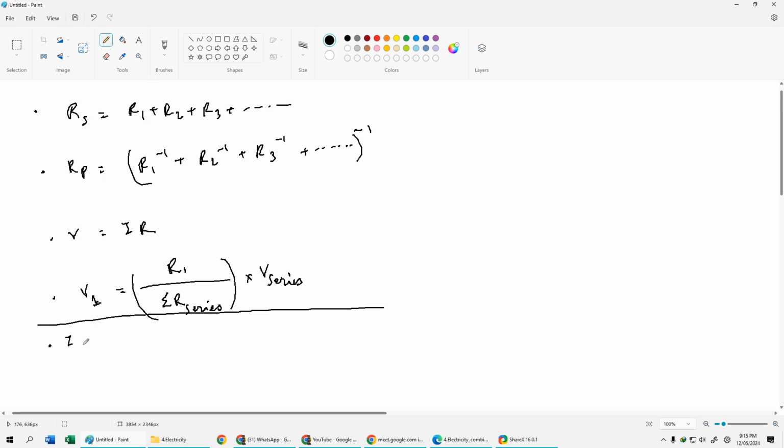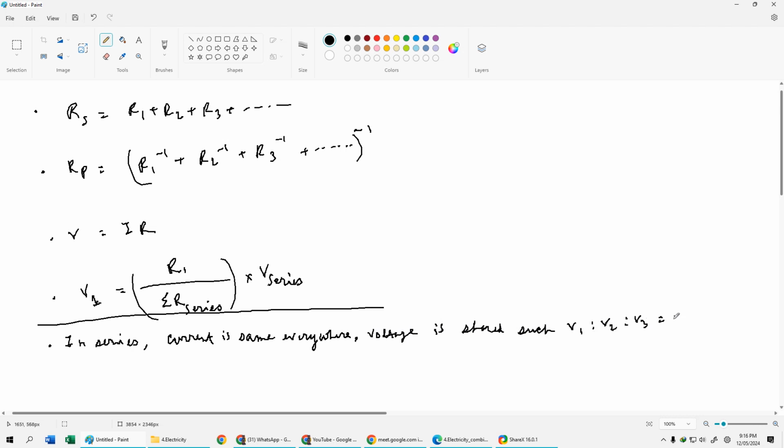That is, in series, current is the same everywhere, and voltage is shared such that V1 : V2 : V3 equals R1 : R2 : R3.